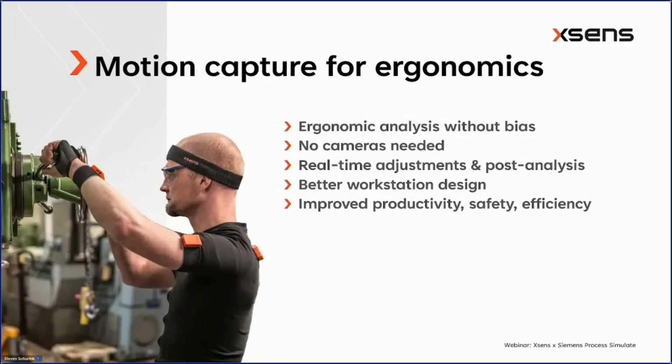Using inertial motion capture technology also has the large benefit that you don't need any cameras on the workplace. With this ergonomic analysis, you can do real-time adjustment to your workplace, but also use it to analyze afterwards. That will result in a better workstation design, and with that improved design, you have improved productivity, safety, and efficiency.